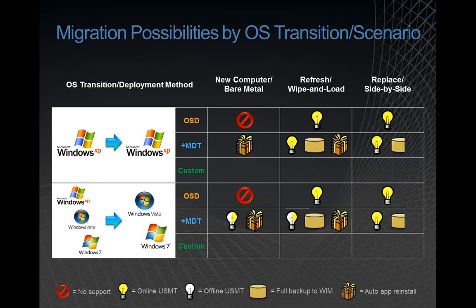Instead, the scenario we're talking about here is where we capture the user state first with USMT, save it to an intermediate store like the state migration point, or keep it local in a safe area on the hard drive, reboot the computer into Windows PE, wipe the drive of all data except for that safe area where the user state store and task sequence data is kept, reinstall a new OS, all the applications, software updates, etc., and then restore the user state.